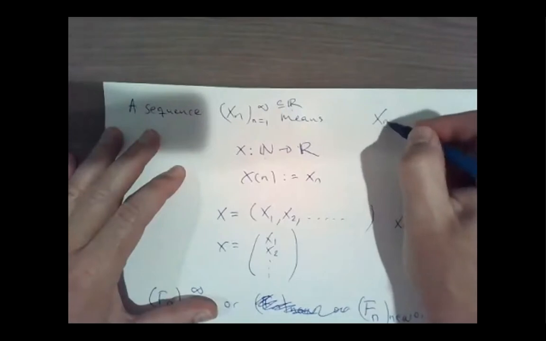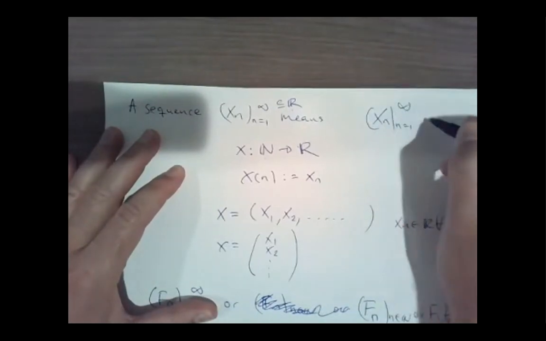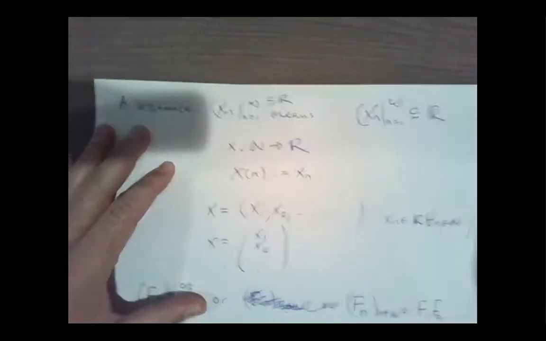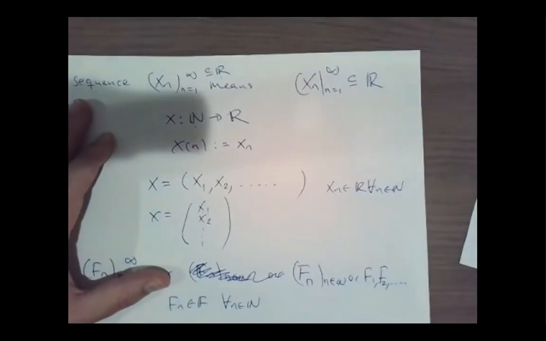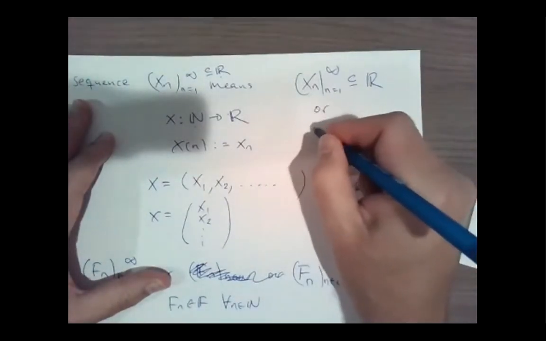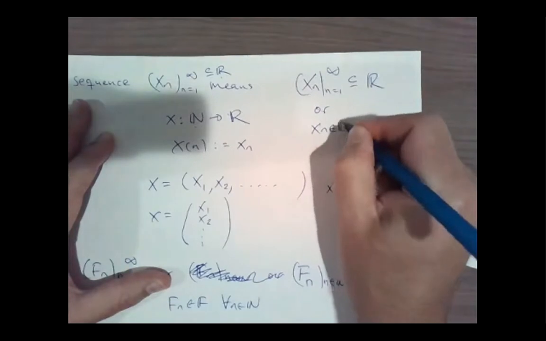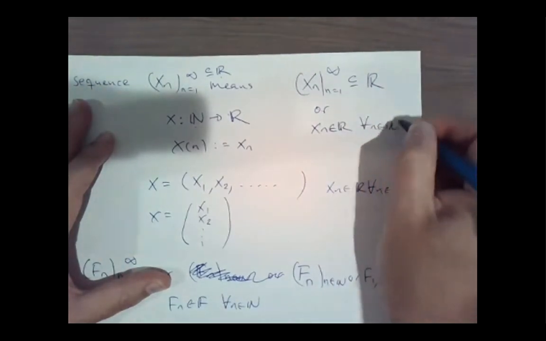Oh, I'll say up here, if I write something like this, I'll write this as a subset of R, or I will write that xn belongs to R for any n in the natural numbers.